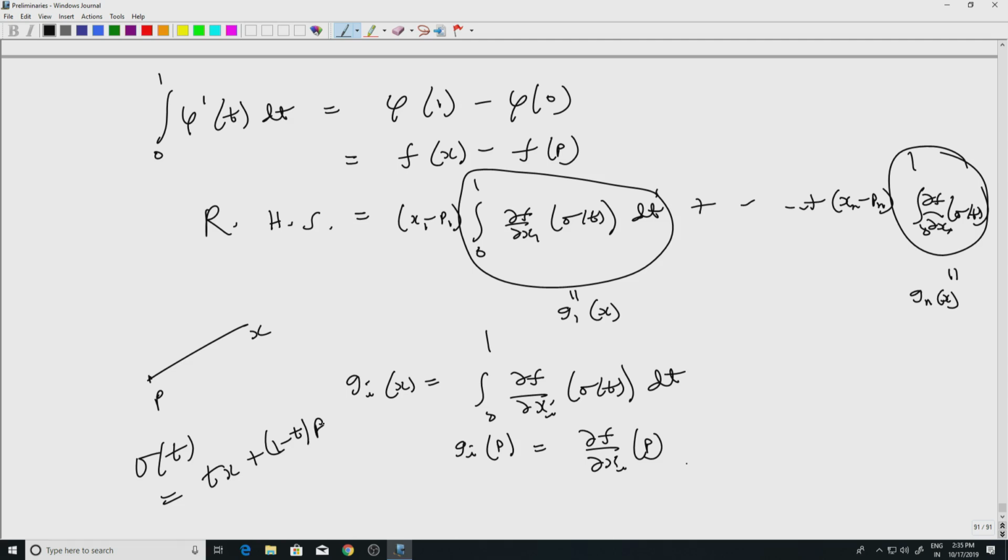So here the dependence on x is clear. So gi of x is the integral from 0 to 1 of del f by del xi at t x plus 1 minus t times p, dt.